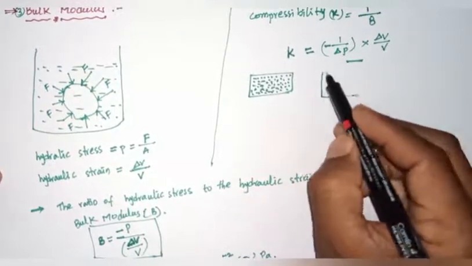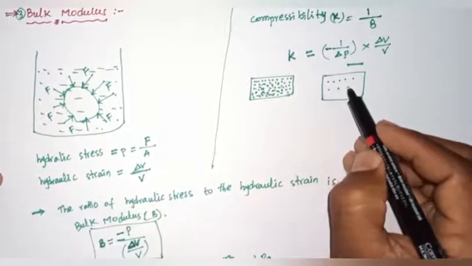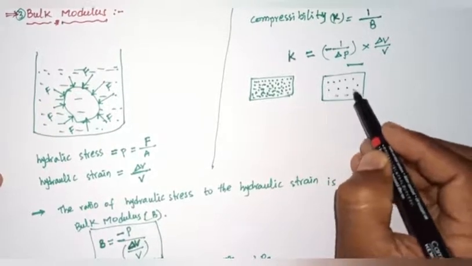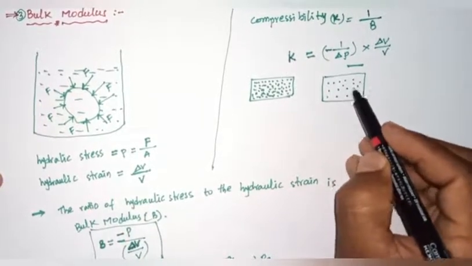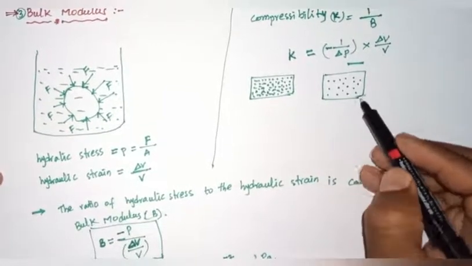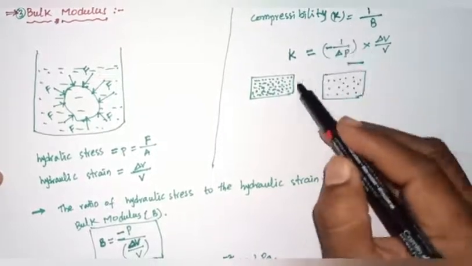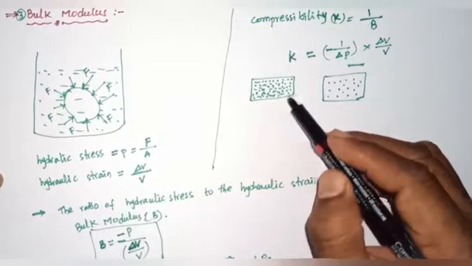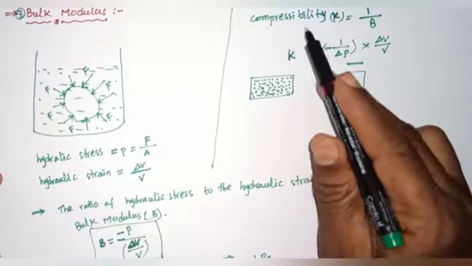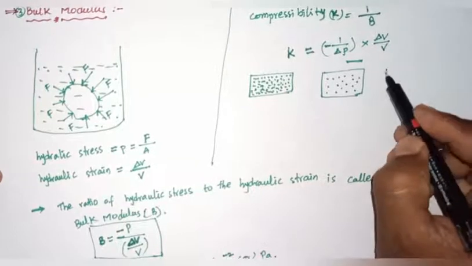For liquids, the atoms are coupled at a larger distance, so liquids have intermediate compressibility. It is greater than solids and less than gases.